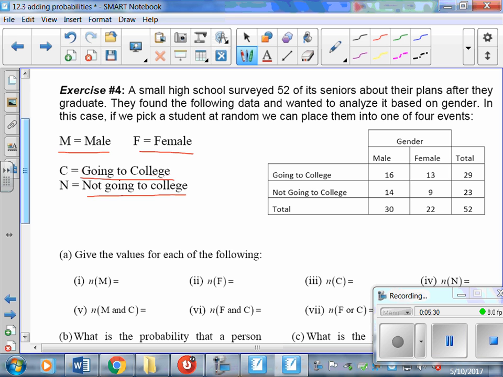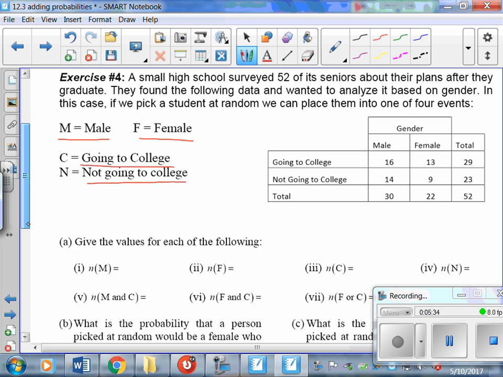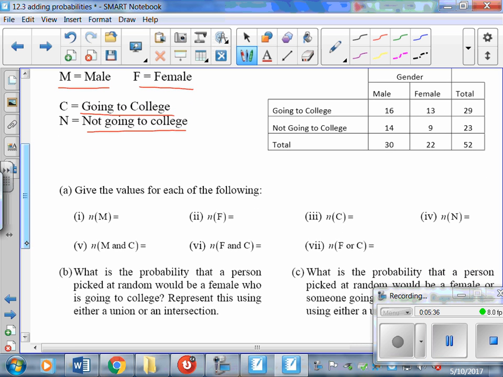All right, so now it says give the values for each of the following. Okay, I'm going to slide this up just a little bit. Now the number of males. So if we look here and we see the number of males, we're looking at the total number of males, whether they're going to college or not going to college. So that's going to be 30. Do you see where that is? It's right down here.